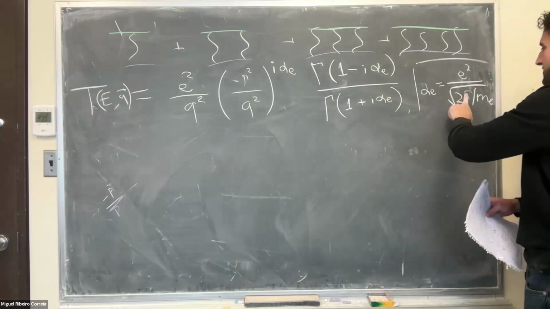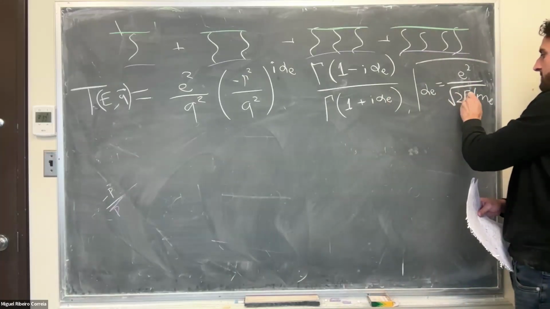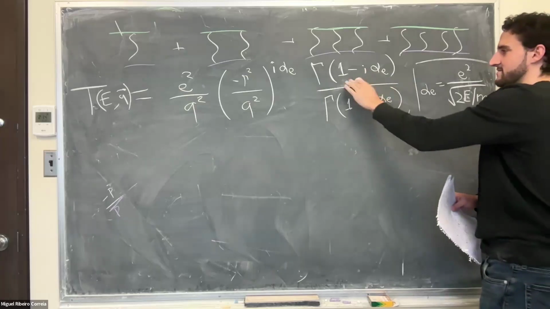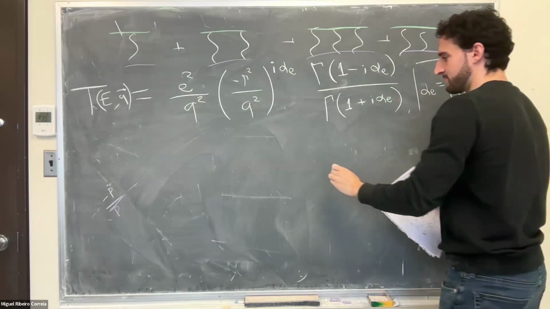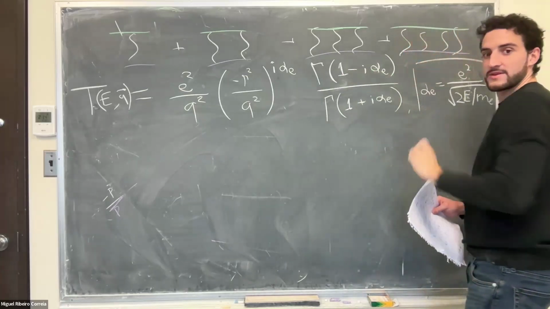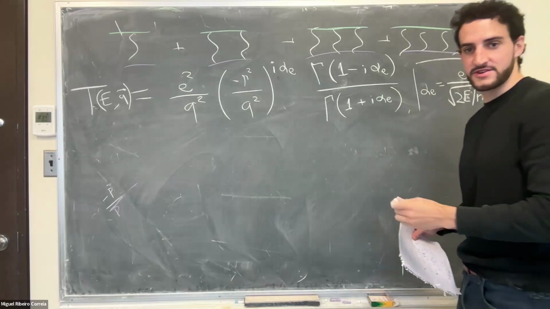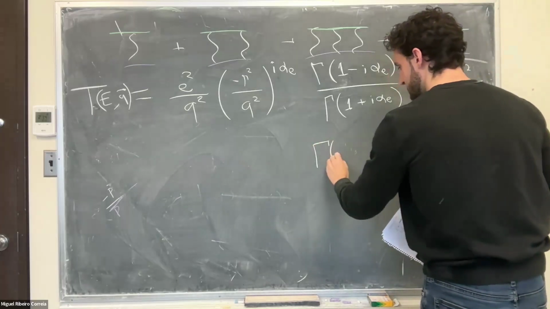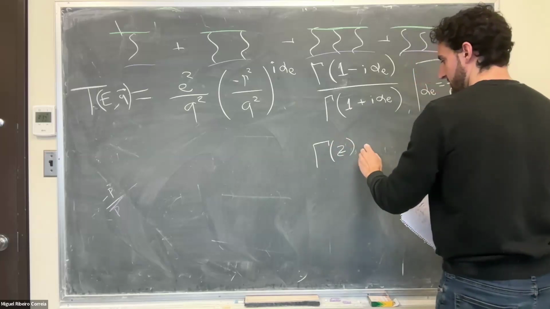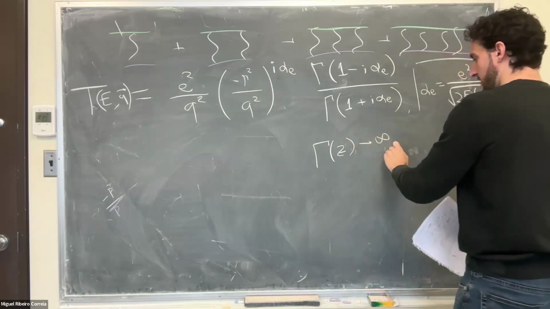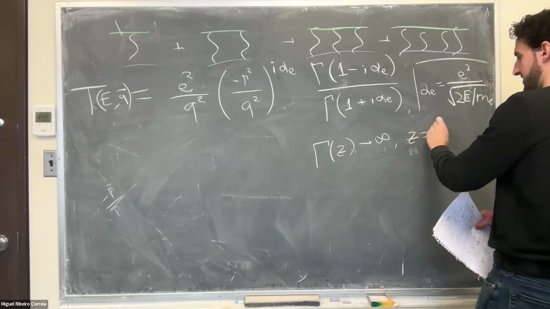Now this alpha E. This gamma function has poles whenever the argument is a negative integer. So gamma z blows up when z is equal to minus n.